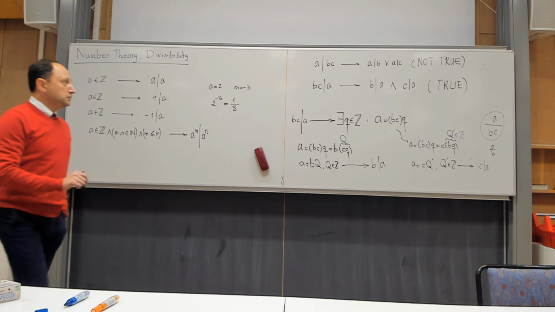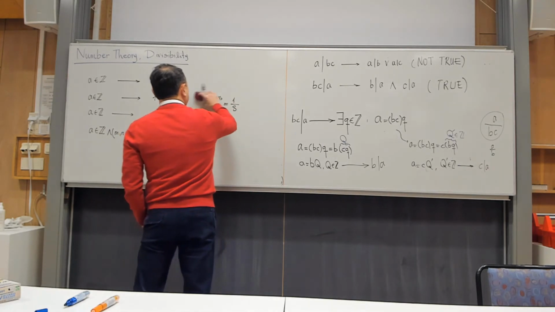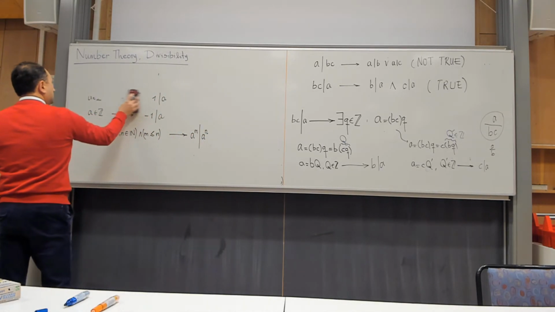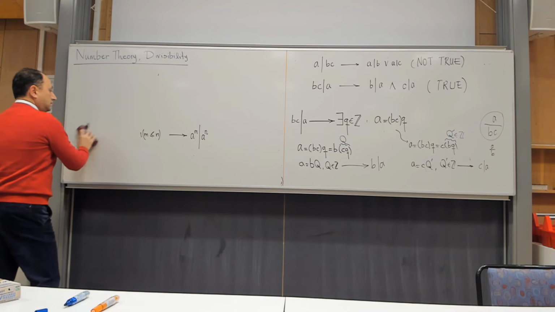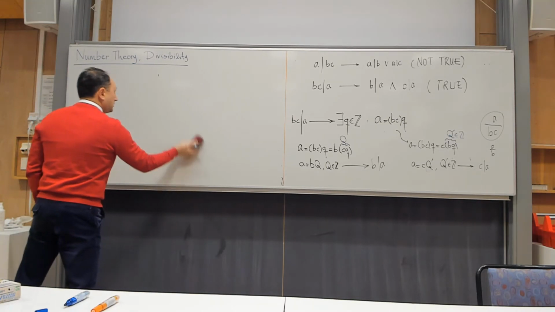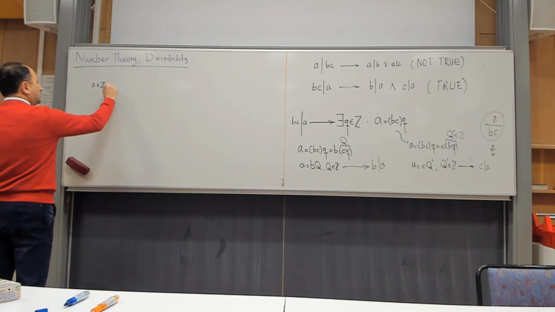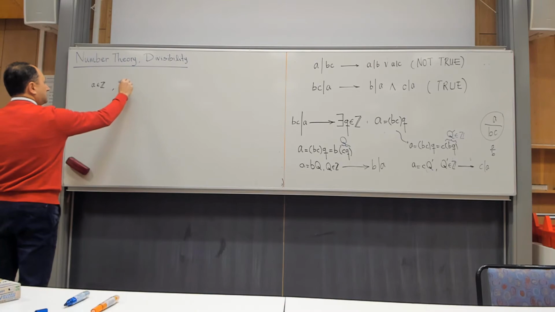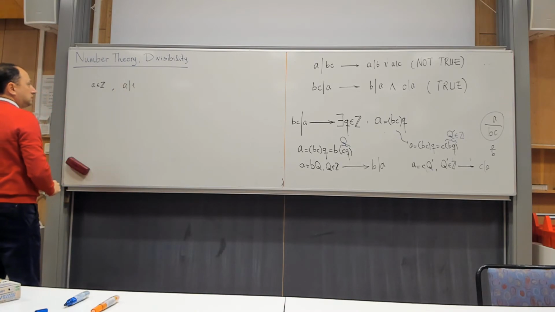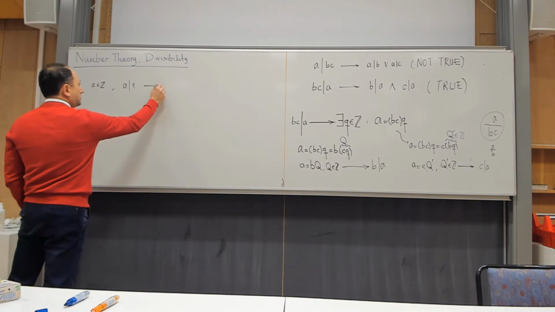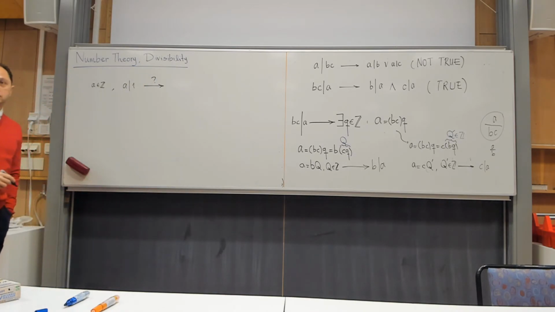Okay, so now let me ask you another question. What is the consequence of this? For example, if I say A is an integer, and I give you that A divides 1. Okay, so what can you conclude in general?